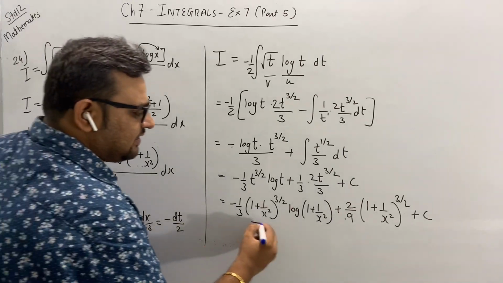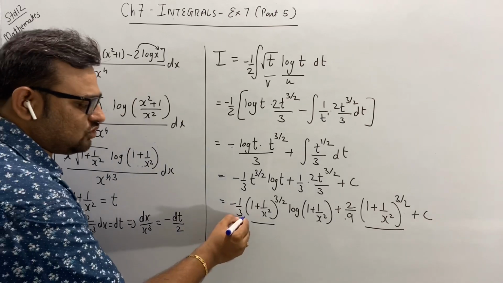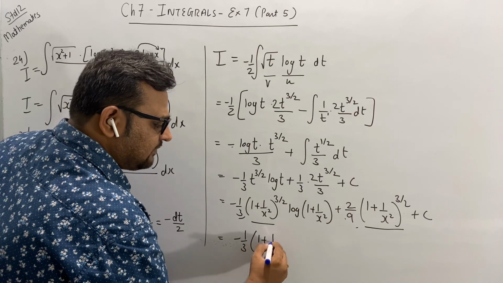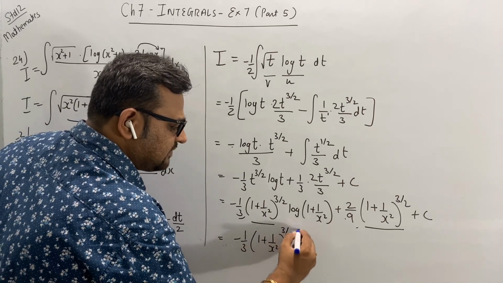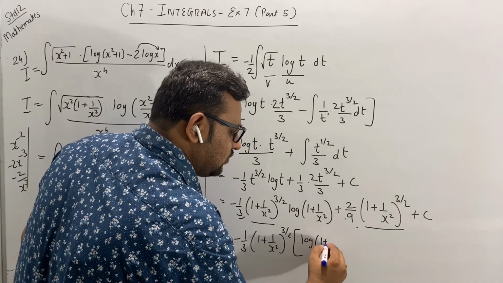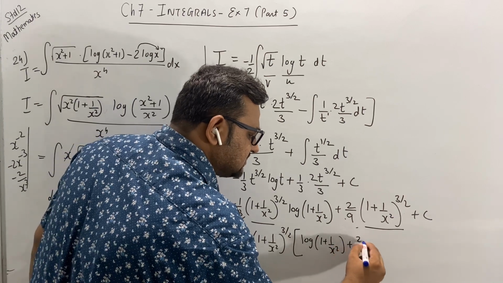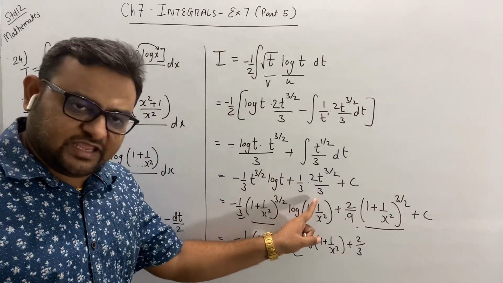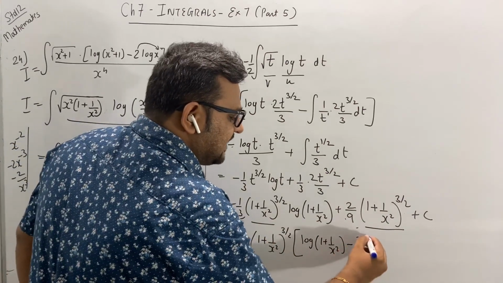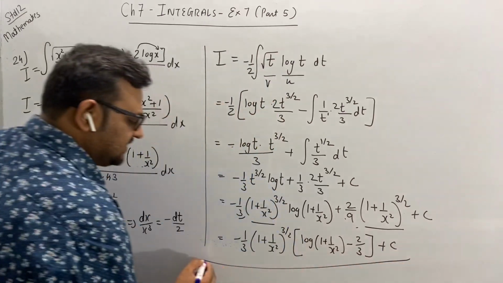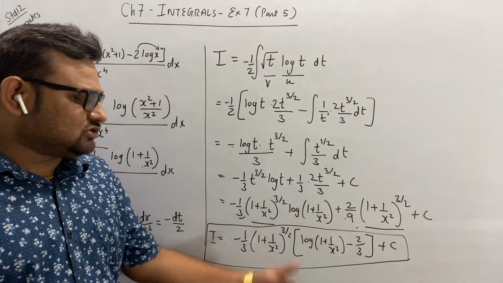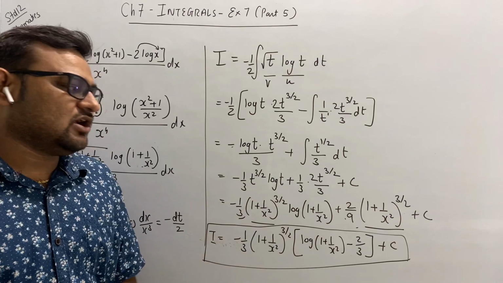Okay, I can take this as common, and also 3 from here. So it will be minus 1 by 3, (1 plus 1 by x square) raised to 3 by 2. Clear? Now what is remaining here: log (1 plus 1 by x square) plus 2 by 3. We had already taken 1 by 3 in this common, but here it is minus, so it will be minus plus c. This is your answer. You can also leave it this way, or else you can take common.